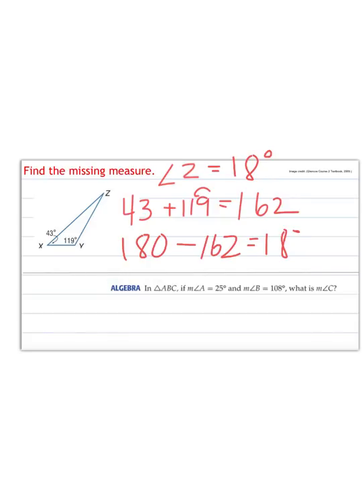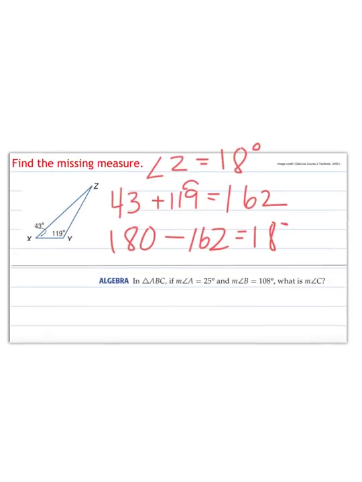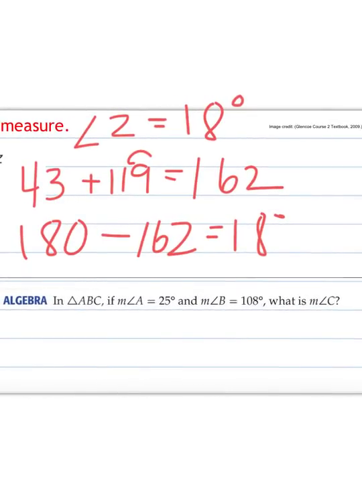Our next one here is triangle ABC. If measure A is 25 degrees and measure B is 108 degrees, we want to find out the measure of angle C. Again, add what we have so far. 25 plus 108 equals 133.